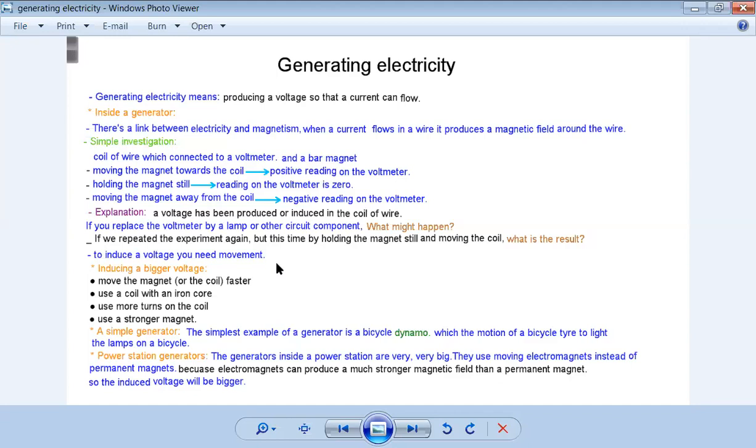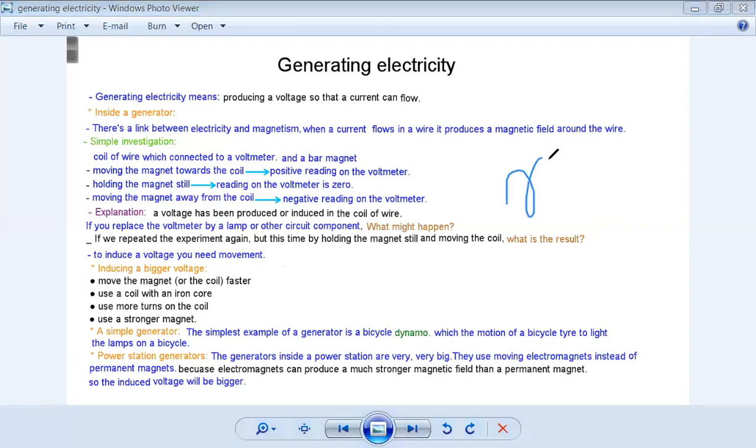Yes, Sophie, you said what? The magnetic field generates the electricity. Yeah, a voltage has been produced, okay? We produced voltage when we moved the magnet forward and backward.